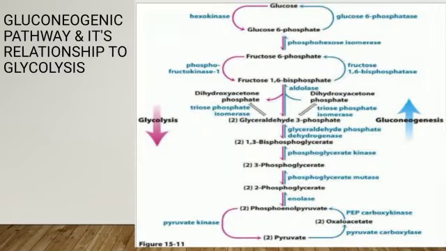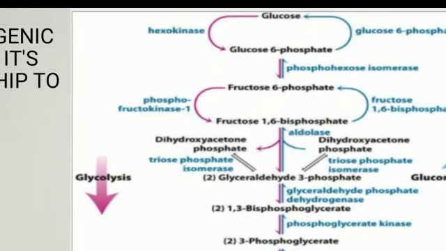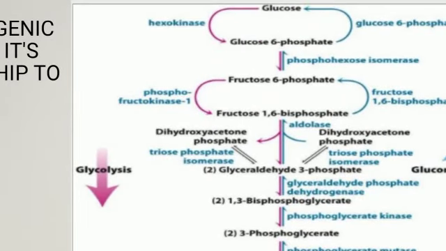Gluconeogenic pathway and its relationship to glycolysis. First of all, glucose is converted into glucose 6-phosphate in the presence of hexokinase, and glucose 6-phosphate is converted into fructose 6-phosphate in the presence of phosphohexose isomerase.